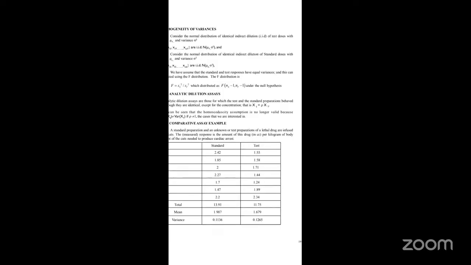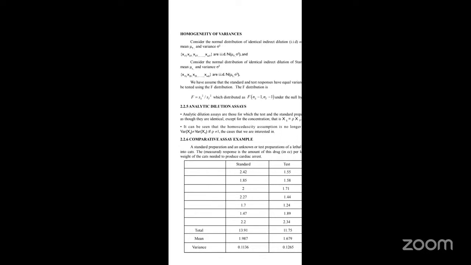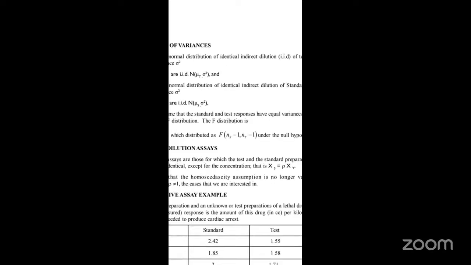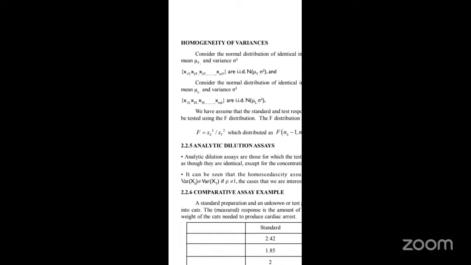Next, consider independent, identically distributed test doses from a normal distribution with mean mu and variance sigma squared. This is one set of random numbers, normally distributed. Another set of random variables is also independently identically distributed with mean mu and variance sigma squared.